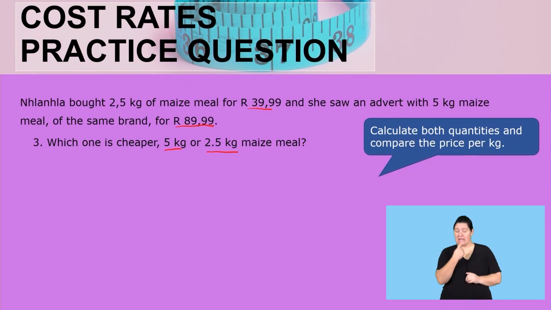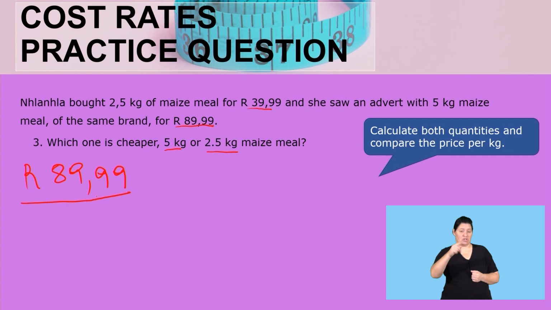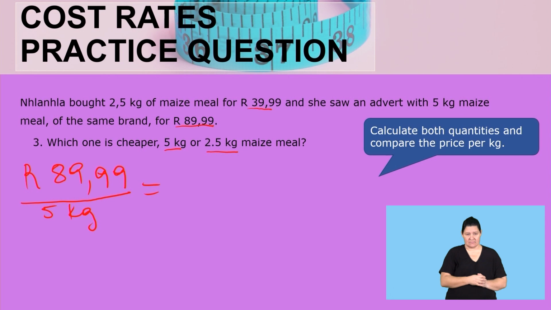We said the price for 5 kilograms is 89.99, and we divide this by 5 kilograms. So let us press the calculator together once more just to get the price. It's 89.99. We divide this by 5, and then the answer that you got is 17.998 per kilogram.